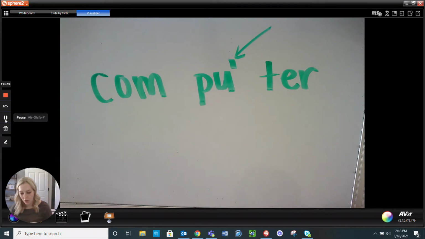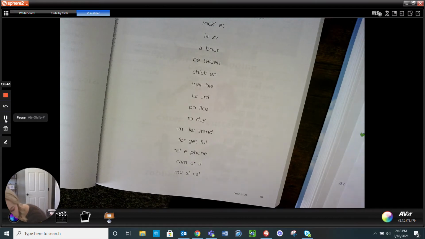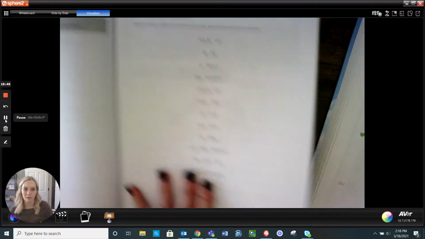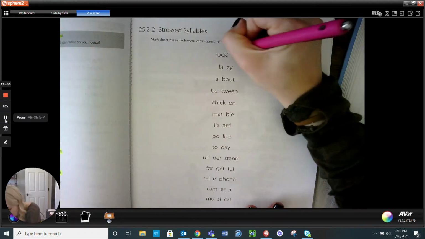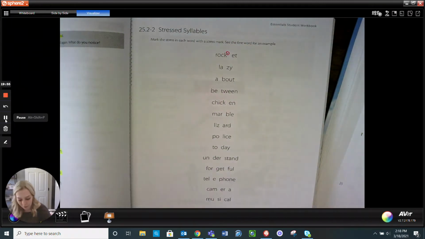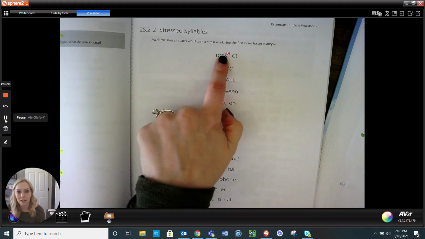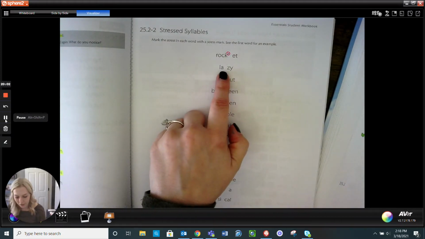All right. Have your workbook and turn to page 61, and we're going to practice doing that. All right. So mark the stress in each word with a stress mark. Remember, it's that little mark up there. So we have rocket. All right, let's do the next one together.